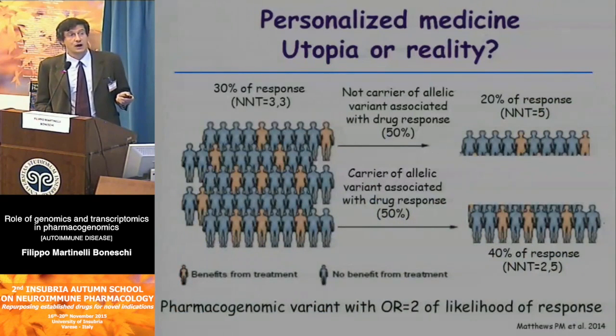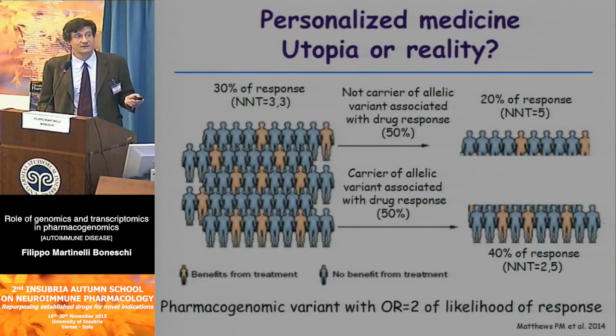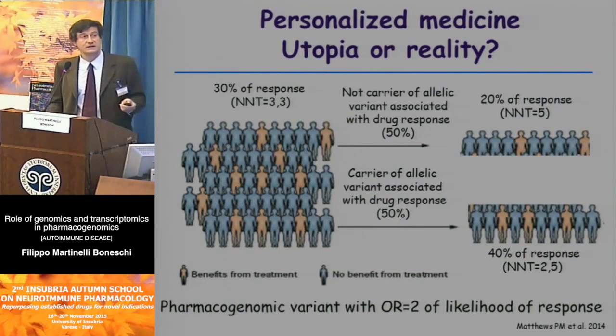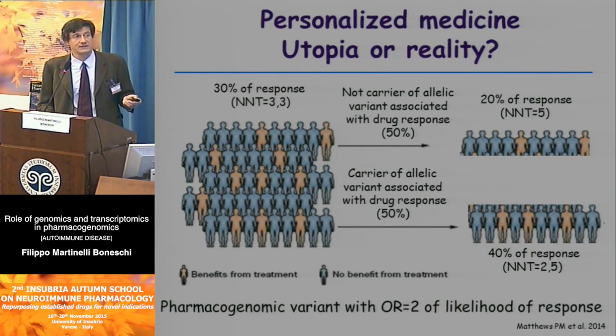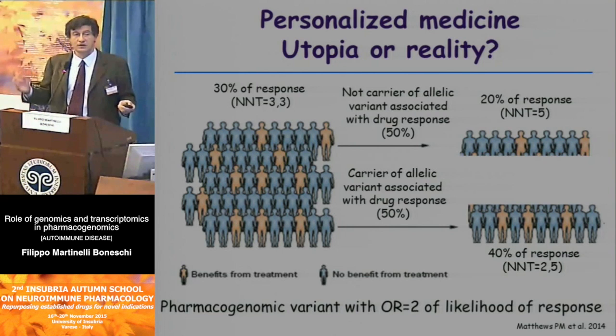So getting back to our example, we have a drug which is effective in 30% of the population, meaning that you have to treat a little bit more than 3 patients to have 1 who benefits from the treatment. Just imagine to be lucky to find an allelic variant which is associated with drug response. 50% of the population carry this specific allelic variant, and 50% of the population does not carry it.